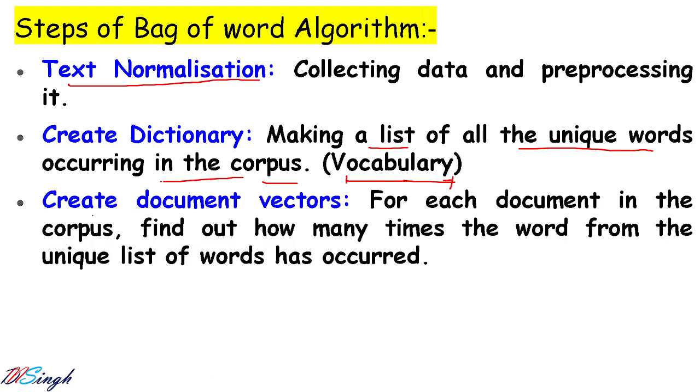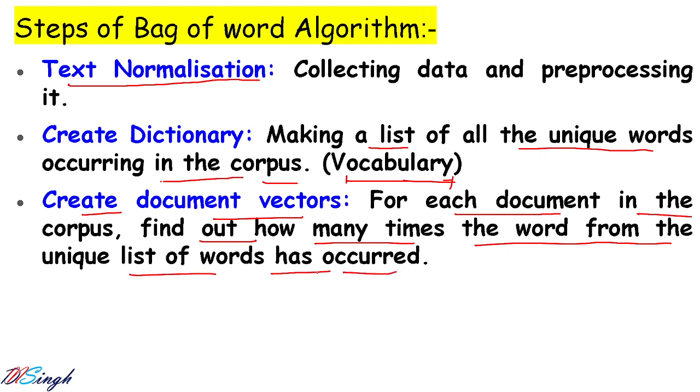Let us go for the third step, create document vector. So for each document in the corpus, find out how many times the word from the unique list of words has occurred. Okay, so you just remember the statement. While dealing with the example, you will come to know exactly what they mean.